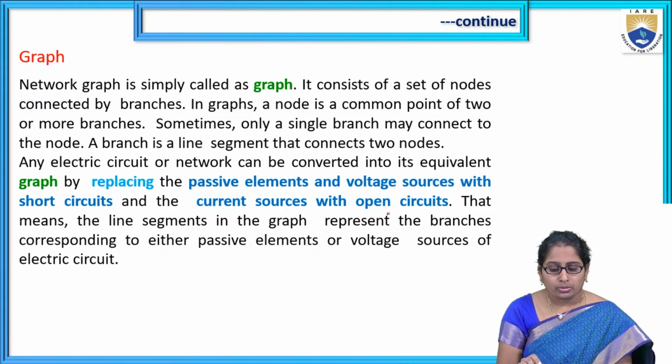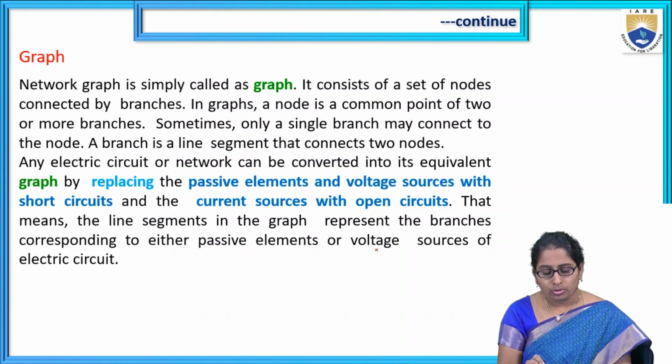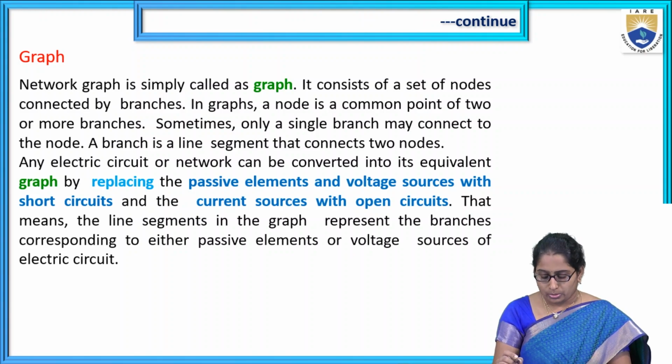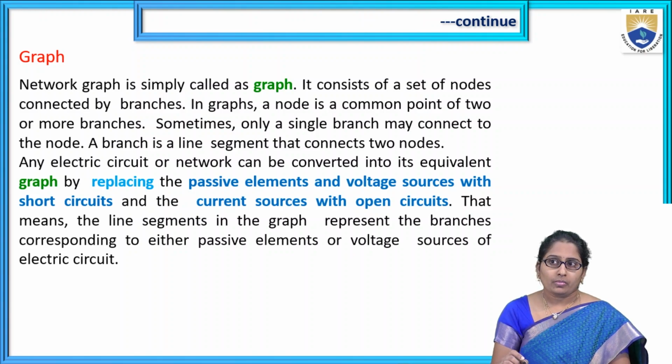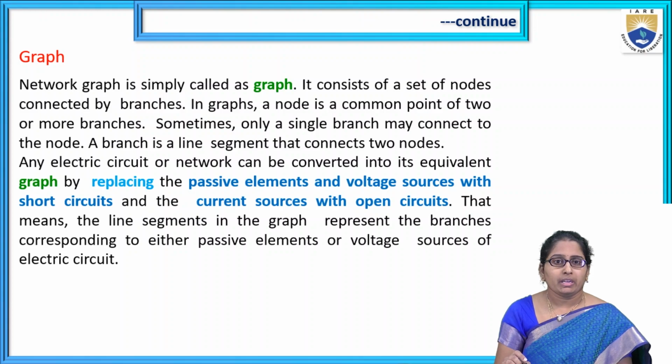That is how the graph is obtained. The line segments in the graph represent the branches, corresponding to either passive elements or voltage sources of the actual circuit.